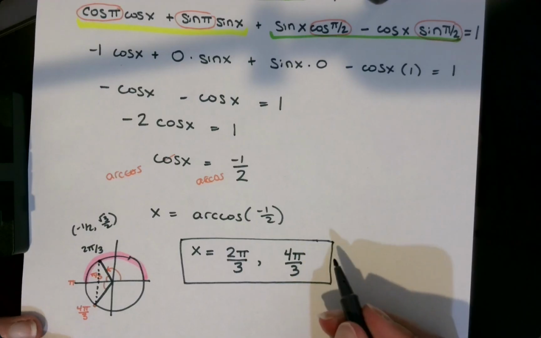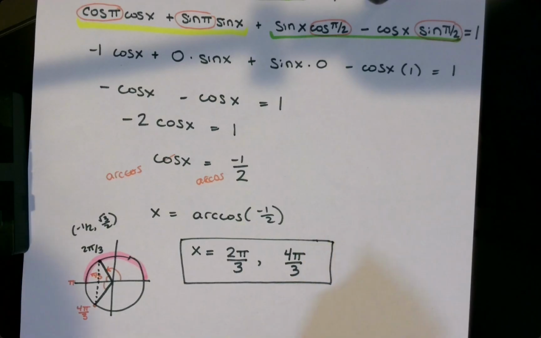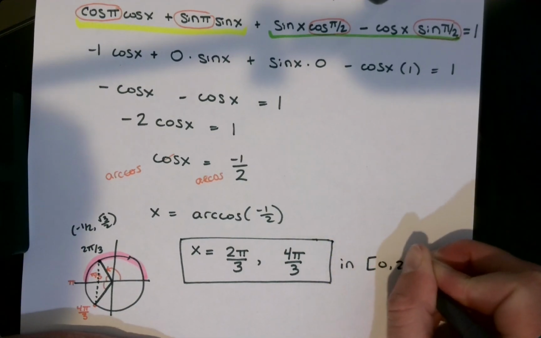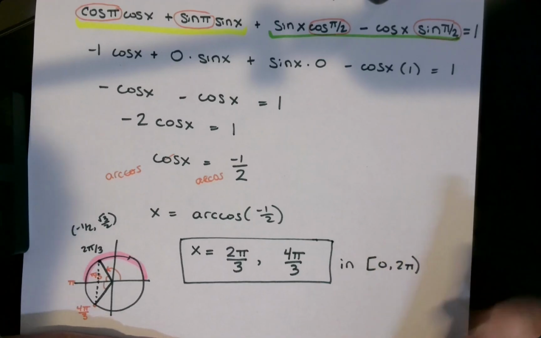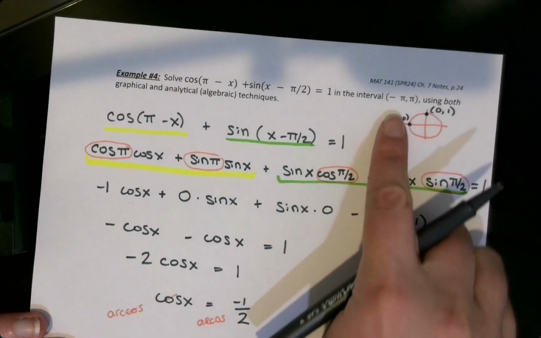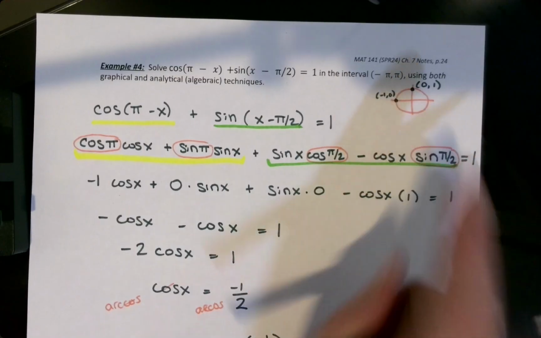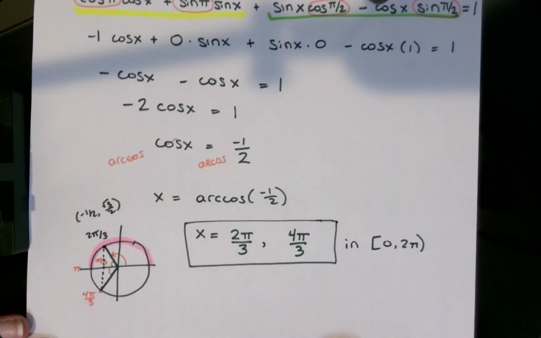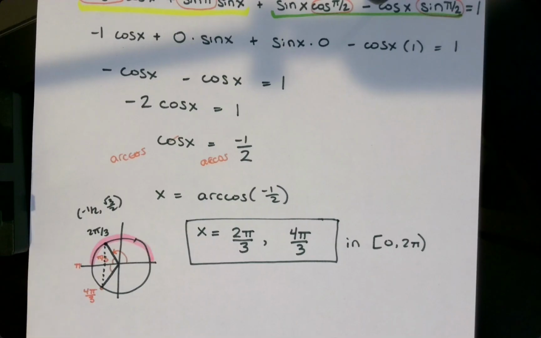And I only want answers. Oh, you know what? I'm mistaken. I apologize. These are answers in the interval 0 to 2 pi, which is the typical interval that we solve. I just didn't realize we're solving a different interval here. So now we're solving between negative pi and pi. So between negative pi and pi, we're just going to reframe these.